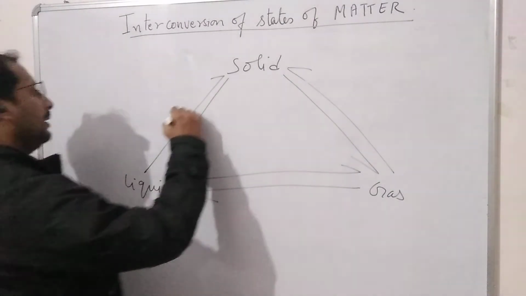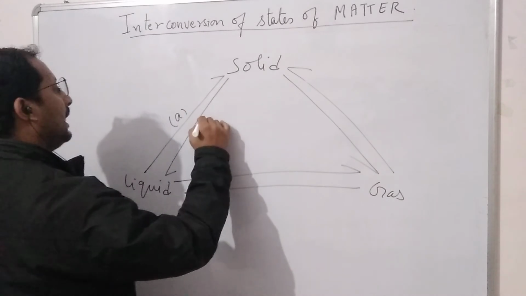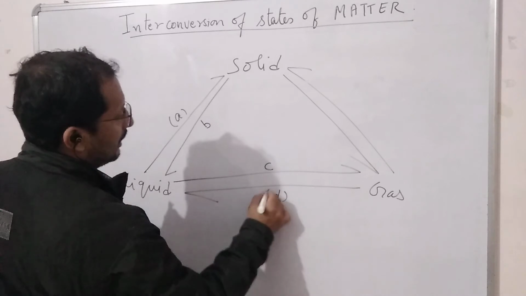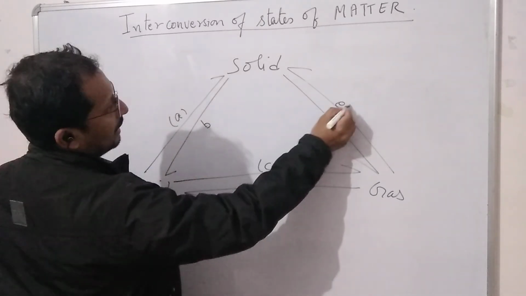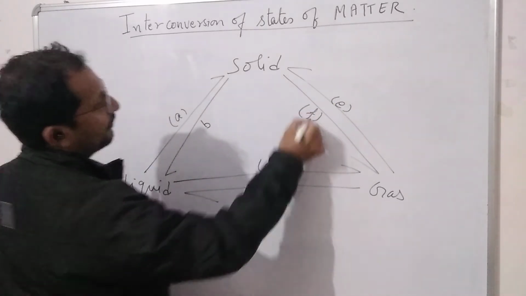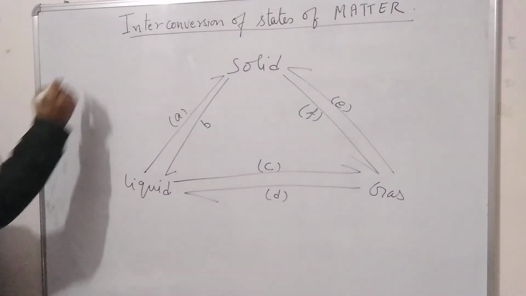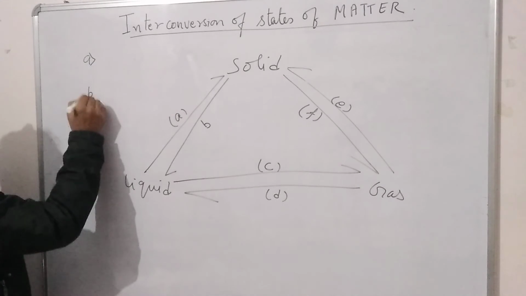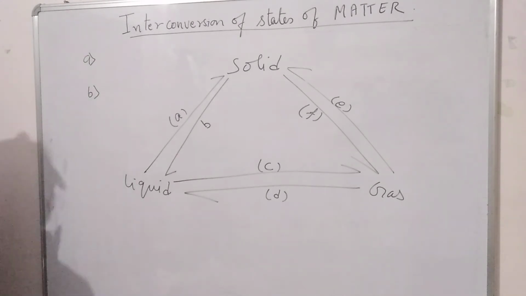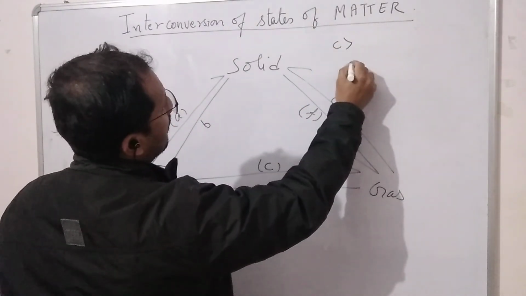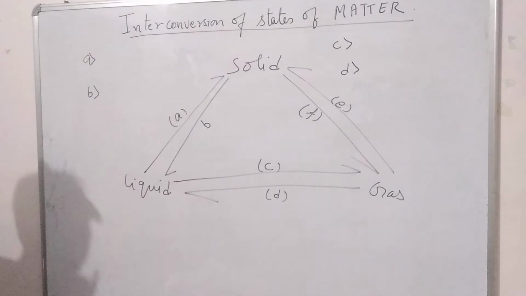Now I will give each of them a name: A, B, C, D, E and F. First of all, I am giving all of you a chance to write down each of these interconversions and name them.